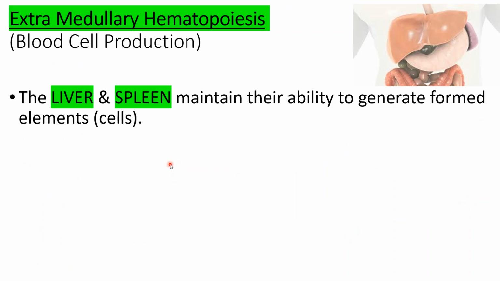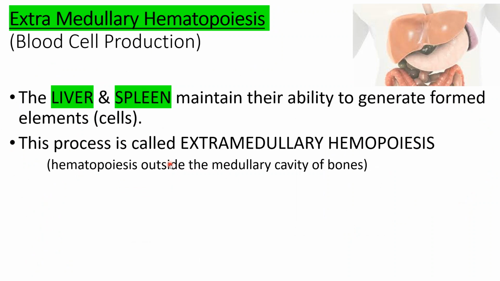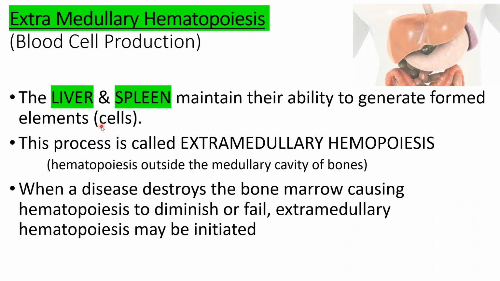Extramedullary hematopoiesis, again, this is going to be the liver and the spleen. They maintain their ability to generate formed elements. This process is called extramedullary hematopoiesis or hemopoiesis. That just means outside of the medullary cavity, extramedullary, that's what that means.